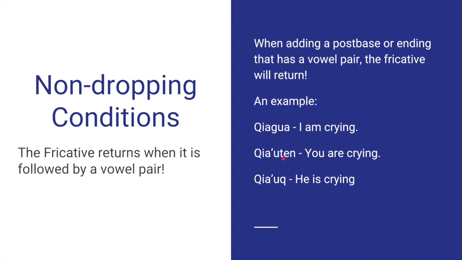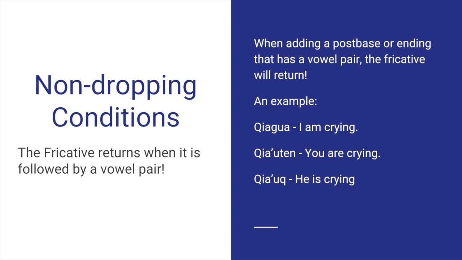So the only time that those fricatives don't drop is when there's two vowels following the fricative. And we get those two vowels often by adding postbases or endings that have a vowel pair. And so when we do that, the fricative will return or just stay.